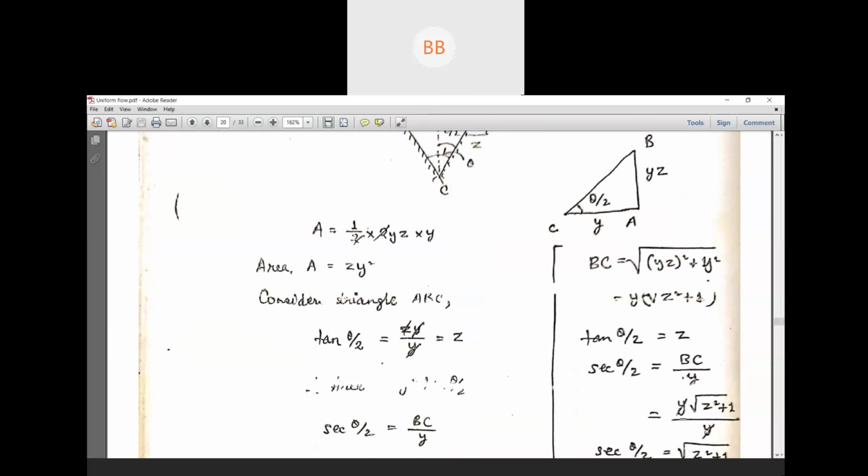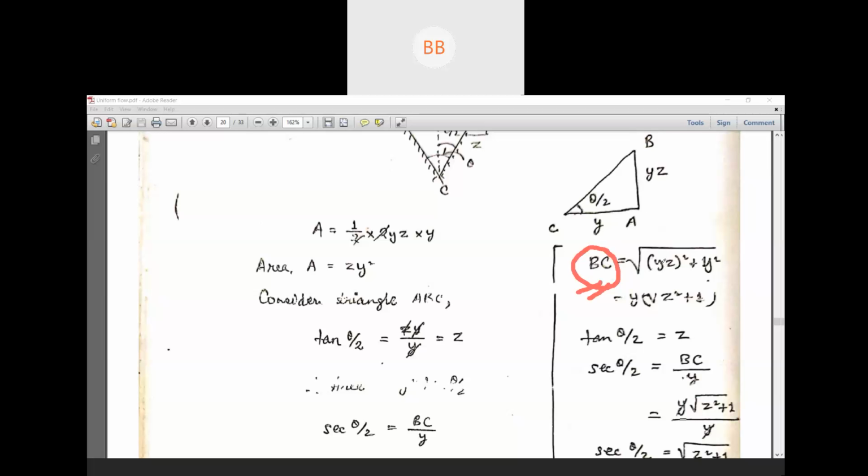So we are considering this triangle, and we have the two sides, and we are going to find out the other side, that is BC. Definitely we are going to use our Pythagoras theorem to find the side BC. So it is nothing but square root of zy square plus y square.